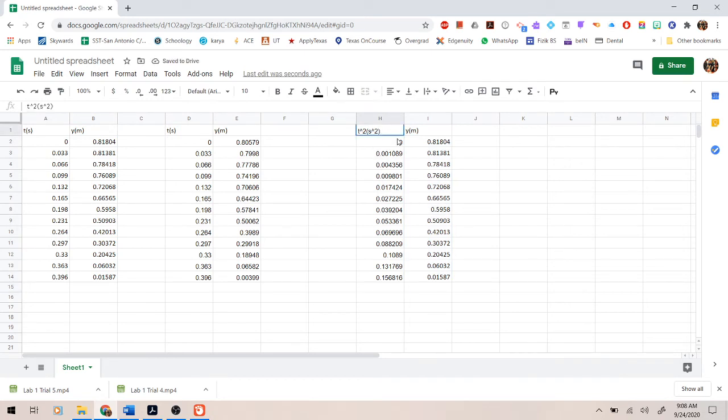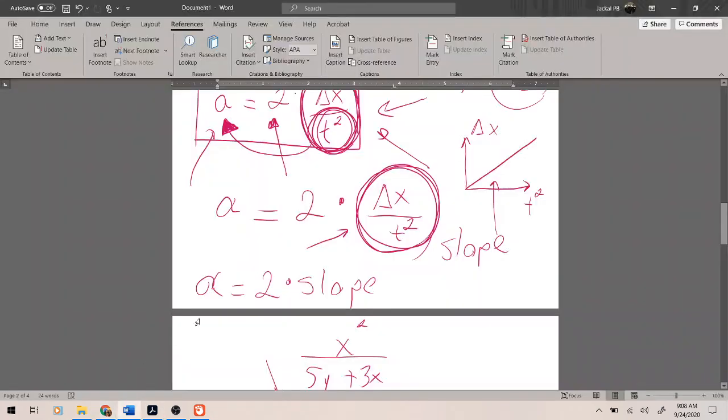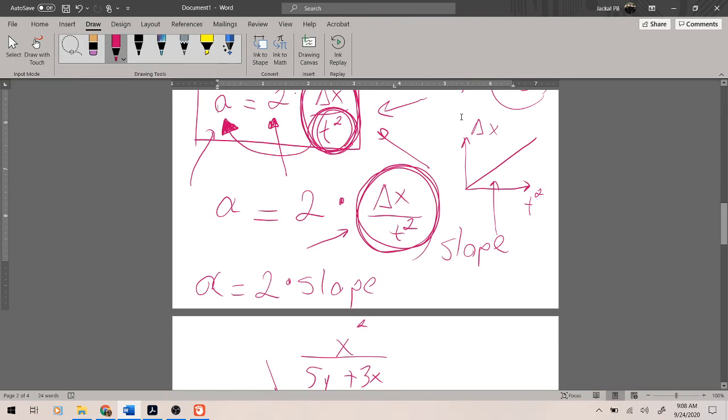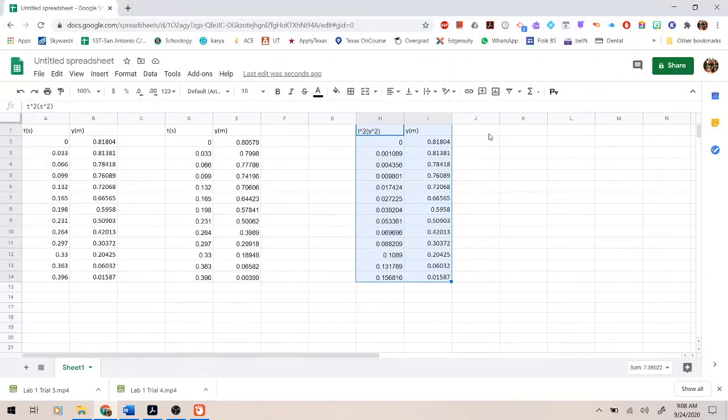And now I have horizontal values and then vertical values. Why do I have it this way? Because you see, delta x is basically on the y-axis, and then t squared is on the x-axis. So that's why t squared is on the x, delta x is on the y-axis.